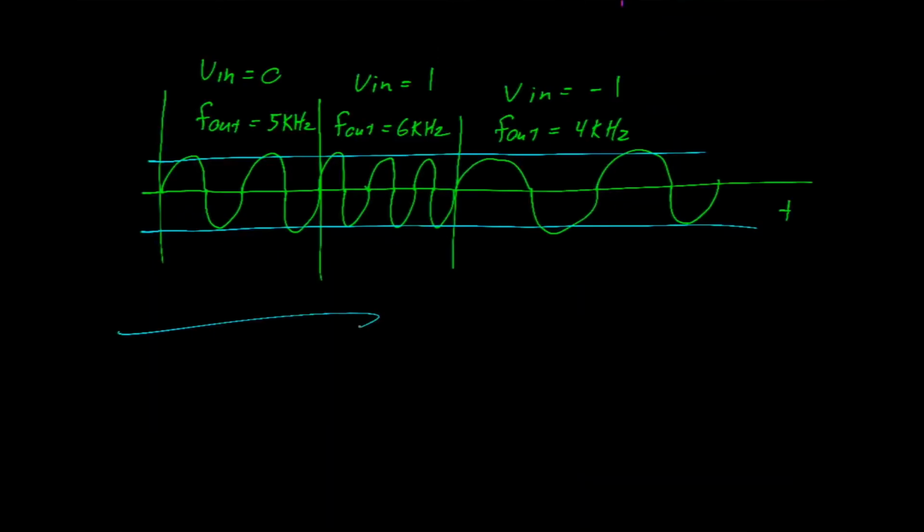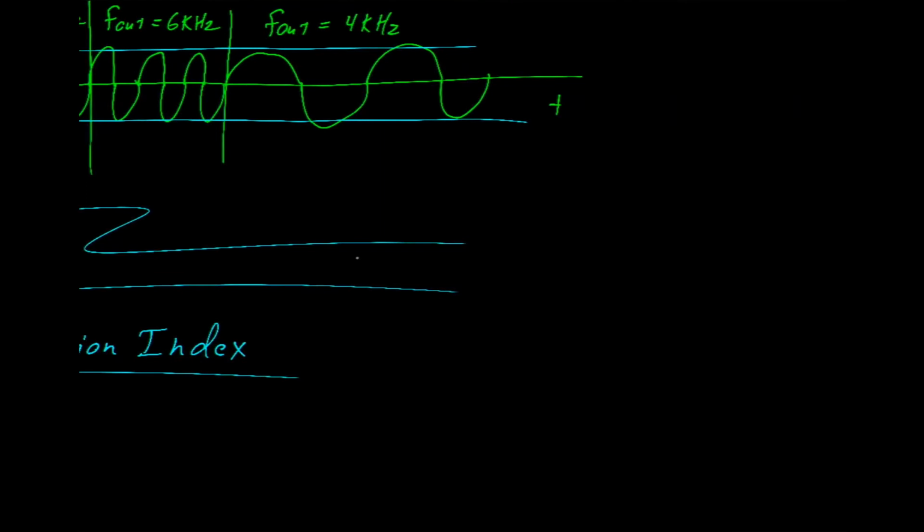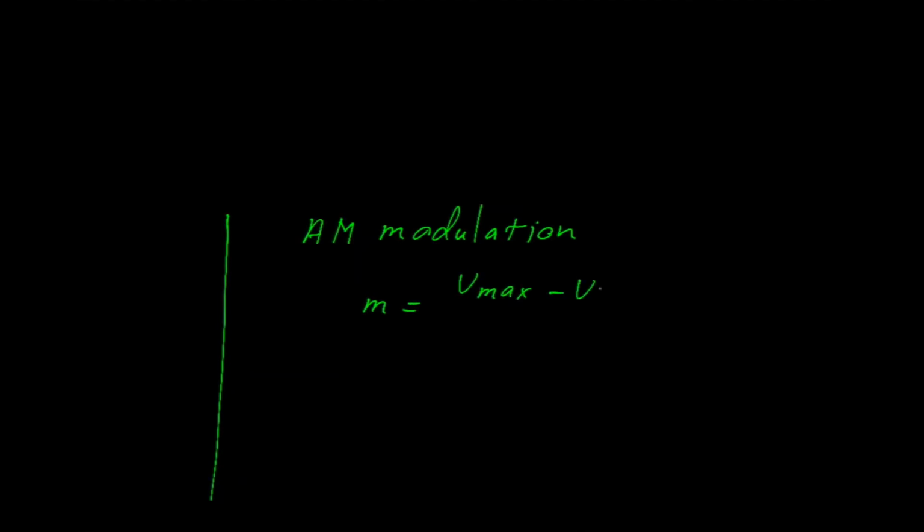Here's a new and related term for you. It's known as the modulation index. That's a term that should be familiar to you. You encountered it with AM modulation, where the modulation index was some voltage max minus a voltage min, all over Vmax plus Vmin.